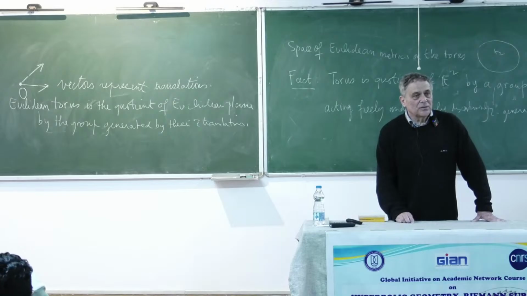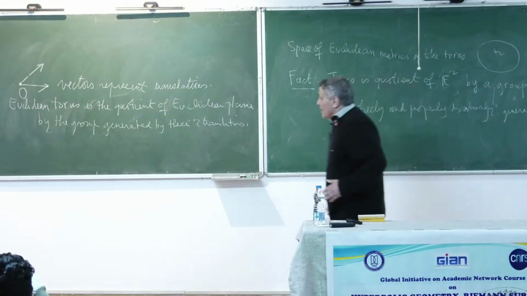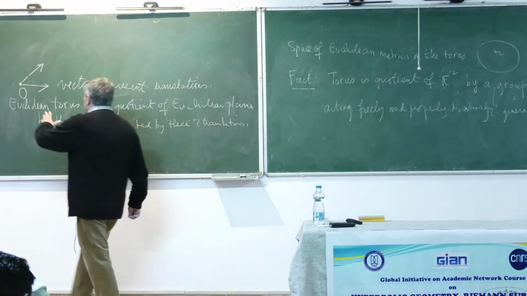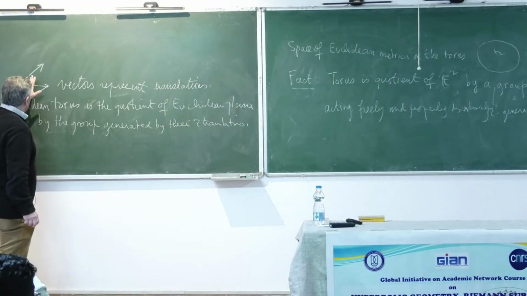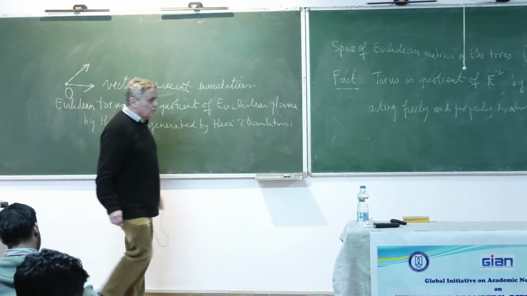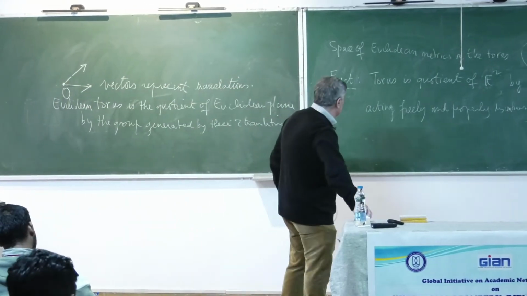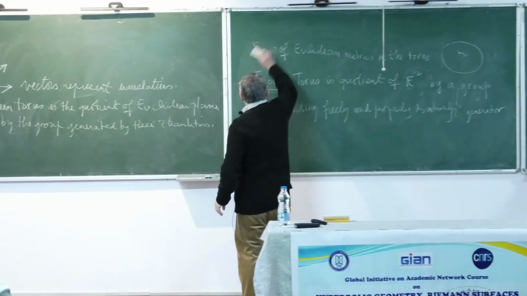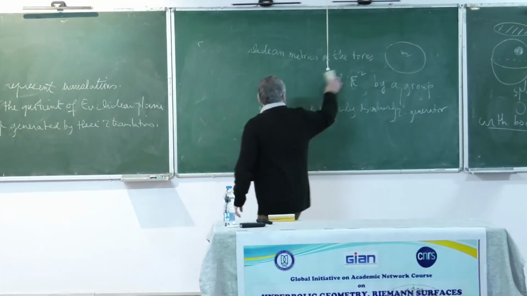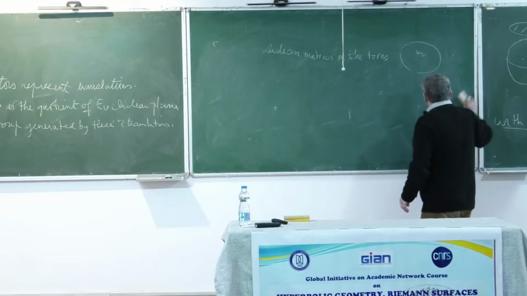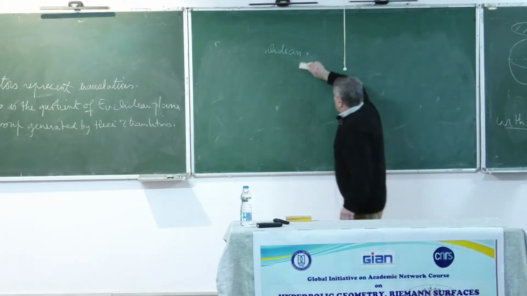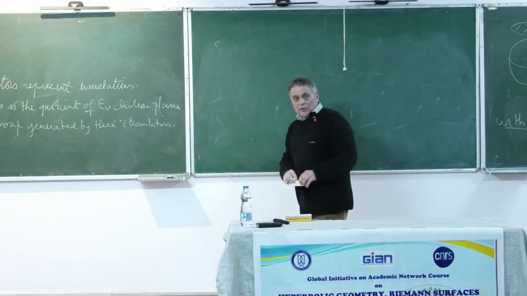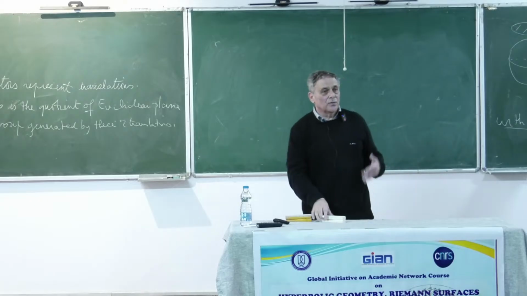Do you know what a quotient space is? Okay, so I have two independent vectors. Let's start with one vector, maybe it's easier. You have the Euclidean plane in front of you.